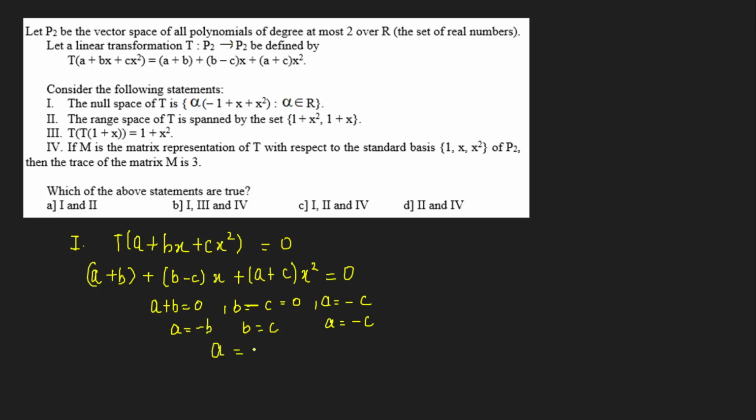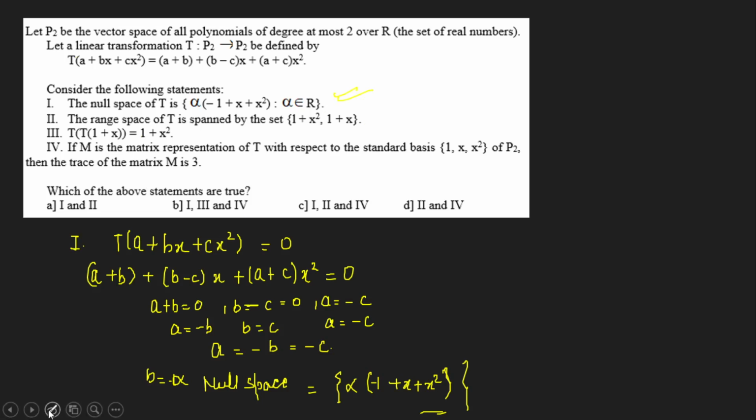That means A = −B = −C. If I take B = −α, let's say, the null space would be α(−1 + x²), where α belongs to the real numbers. This is my null space, because I get A = −B = −C. So the first statement is a true statement.